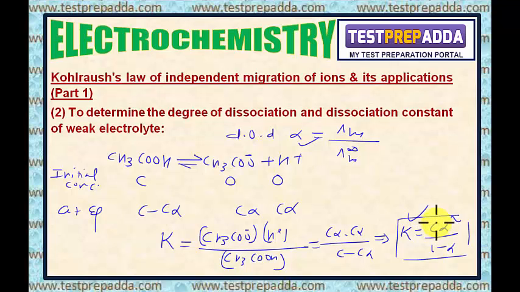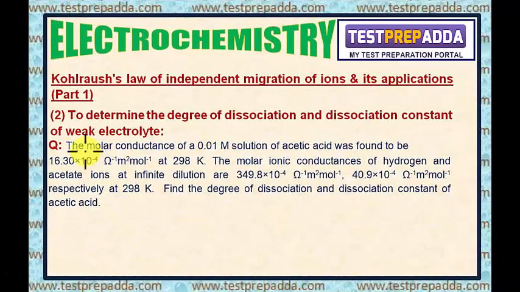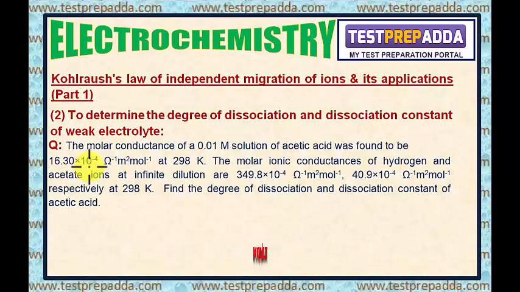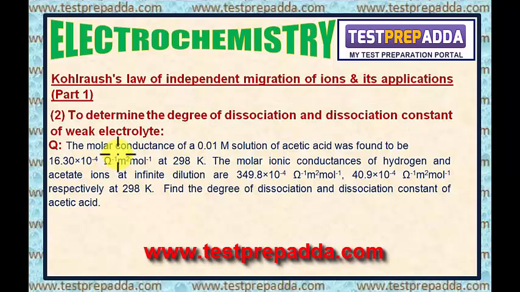Now to understand this concept, I will take one question here. The question says the molar conductance of 0.01 M solution of acetic acid was found to be 16.3 into 10 raised to minus 4 ohm inverse meter square mole inverse at 298 Kelvin.